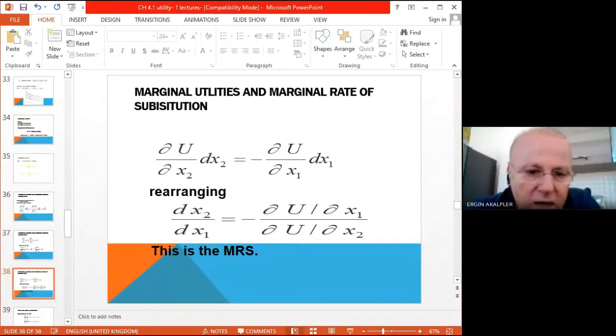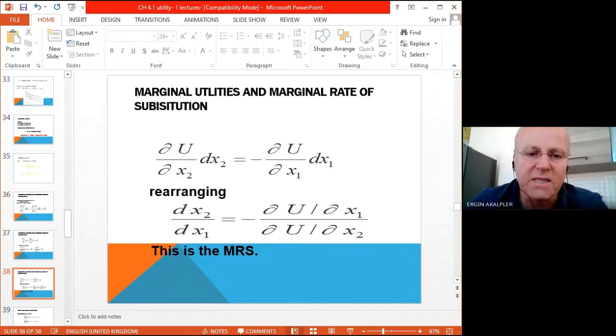Then we rearrange this, so that delta x2 over delta x1 is equal to minus delta u over delta x1 divided by delta u over delta x2, where we cancel the delta u from the equation.